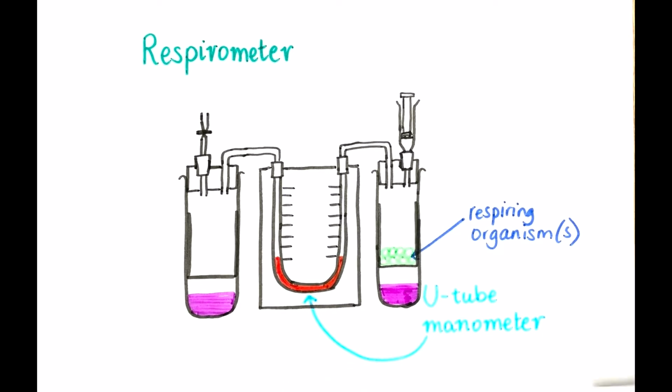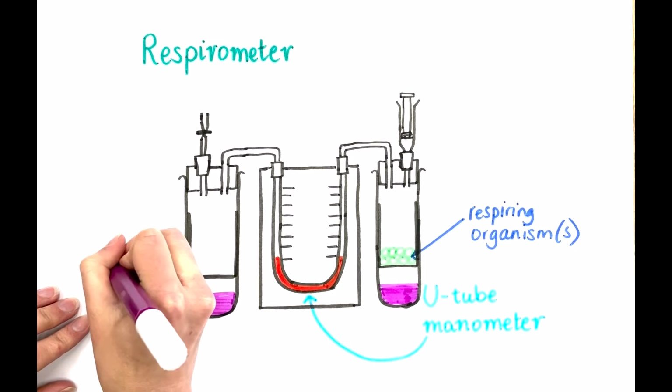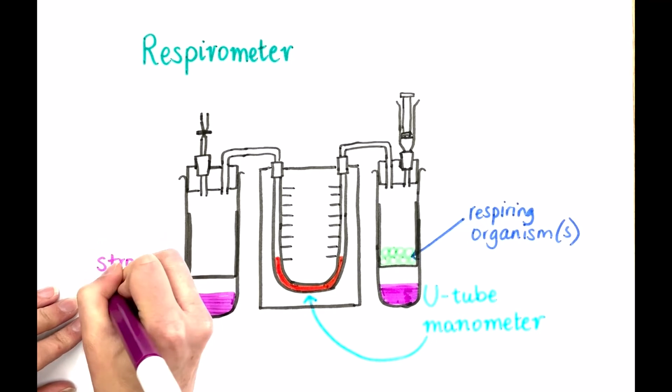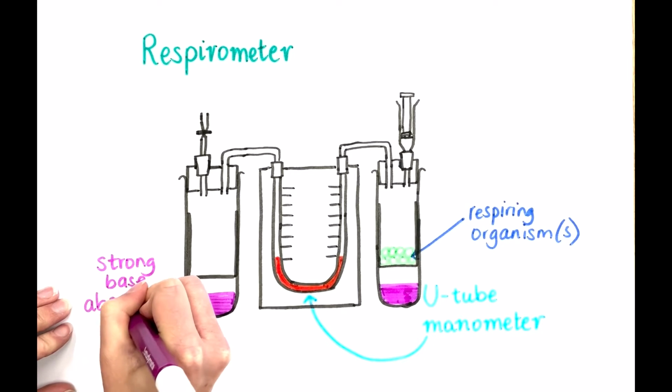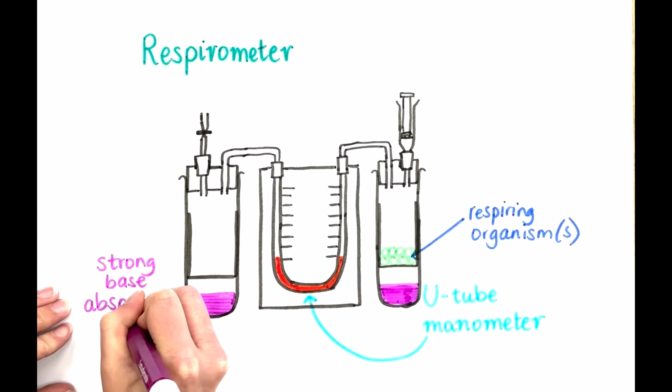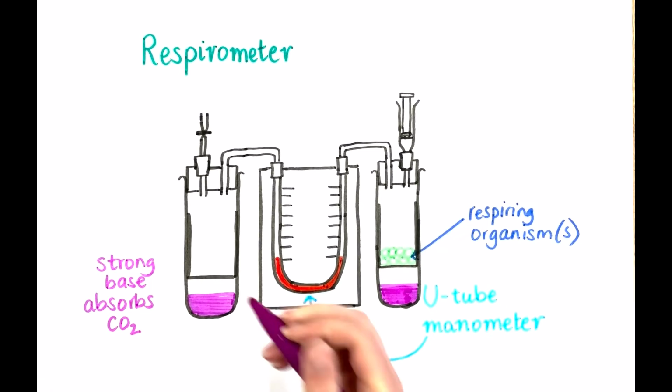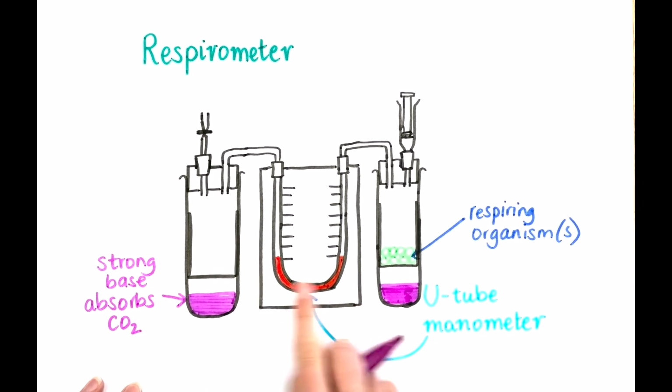So this down the bottom here, because I've got more room on this side, I'll label it over here. This is going to be a strong base which absorbs our carbon dioxide, and that's on both sides.